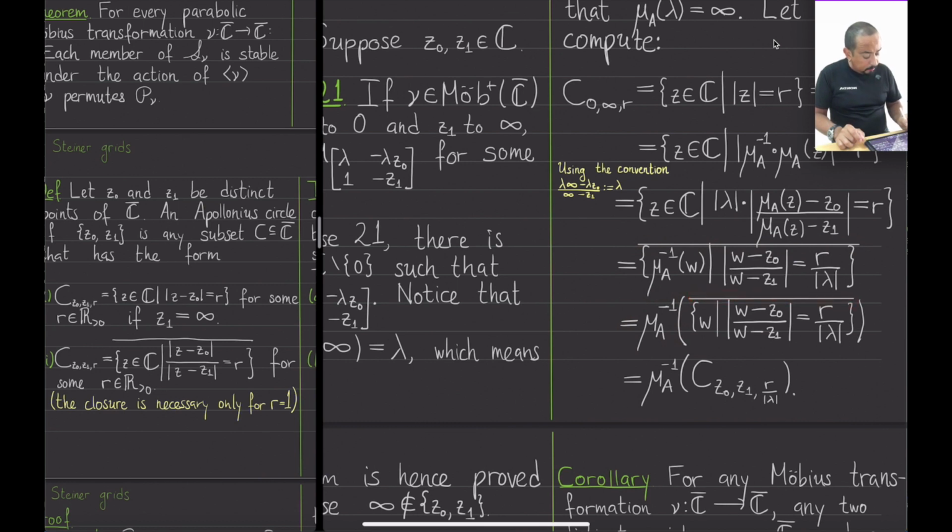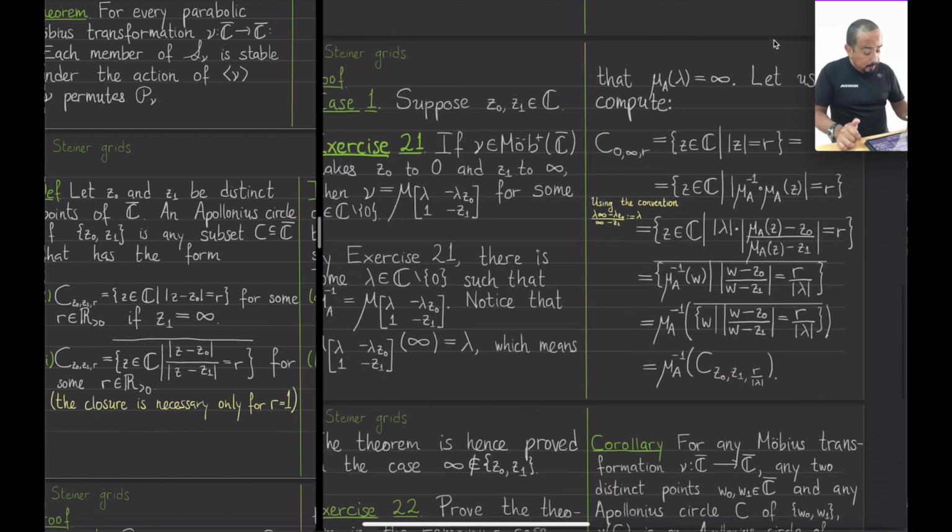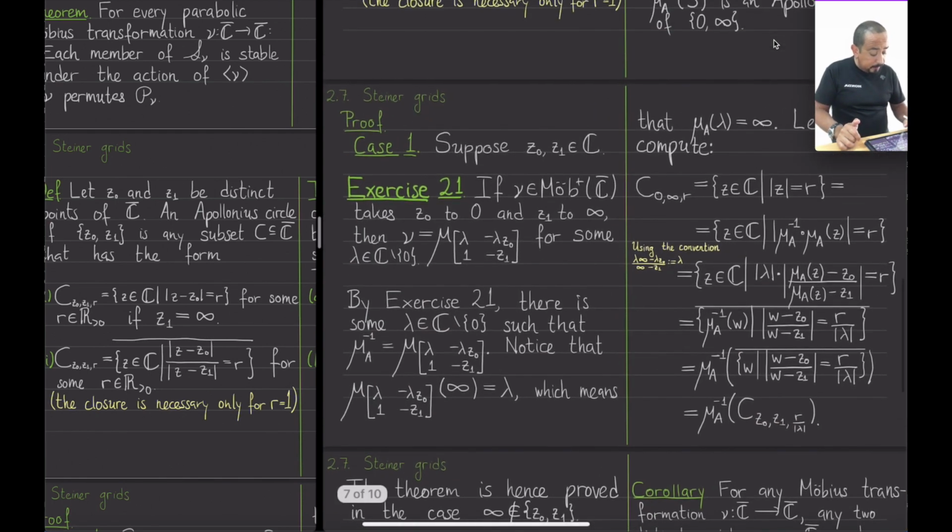When I put the closure inside, what I get here is precisely this Apollonius circle of Z0 and Z1. So this means that this Apollonius circle of 0 and infinity is mu A inverse of this Apollonius circle.